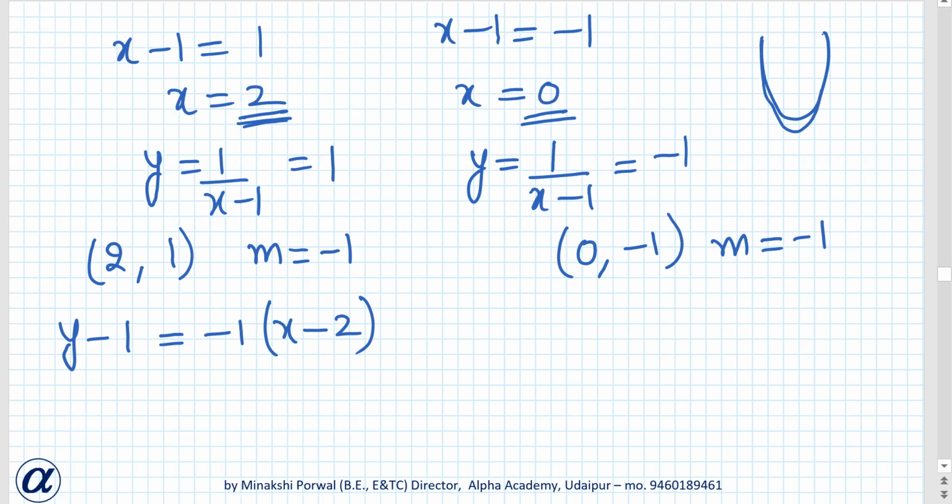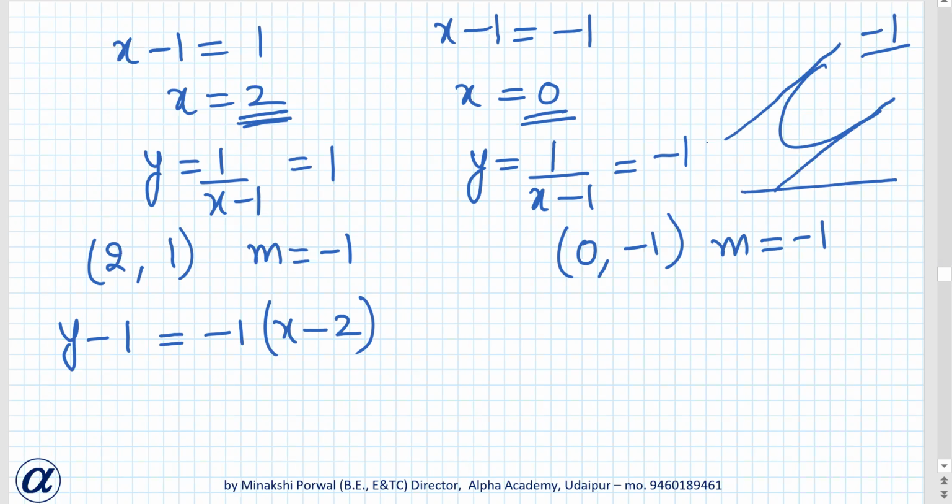Suppose there is a curve, we have to find the equations of its tangents, and both of these tangents have slope -1. So there can be two tangents having the same slope. Suppose the curve is like this, then one tangent can be like this and another like this; both have the same slope, meaning both make equal angles with the x axis.